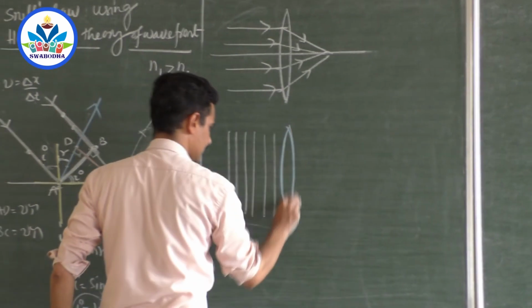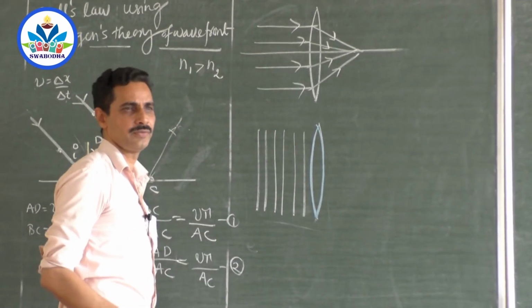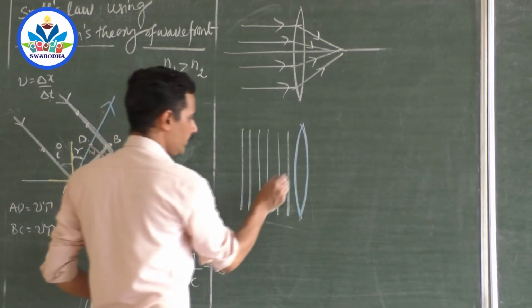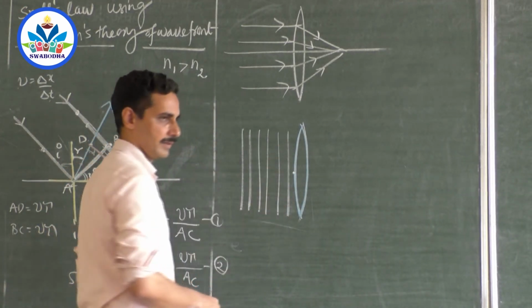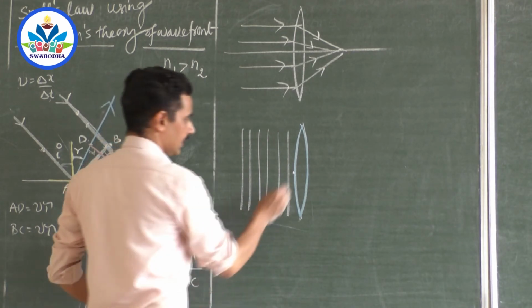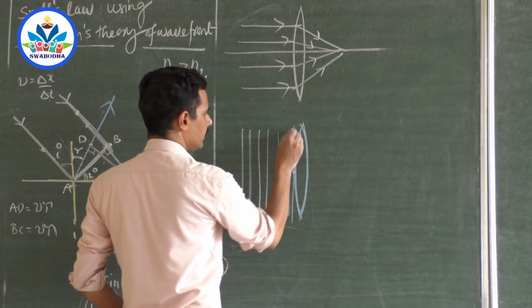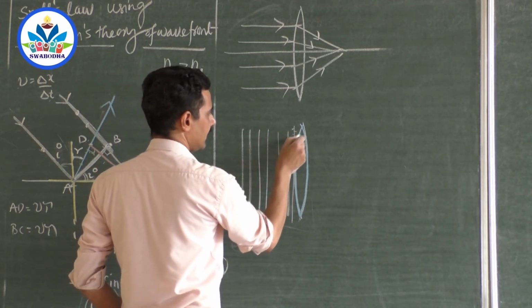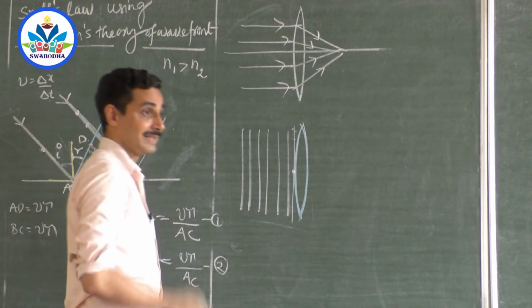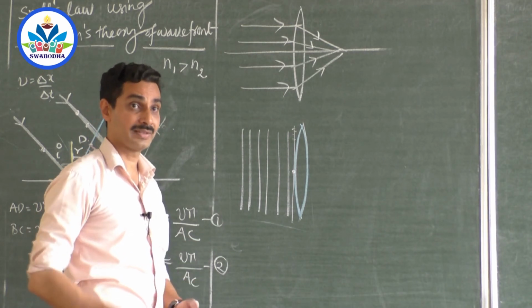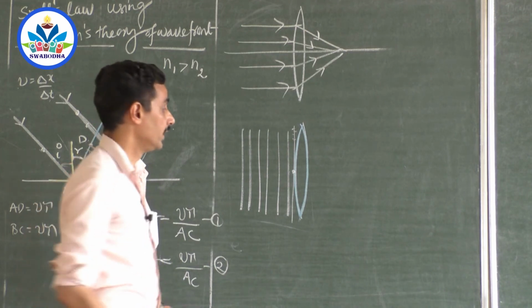In terms of rays, it is parallel; in terms of wavefront, it is plane. Some wavefronts hit the glass lens in the beginning, here. The wavefronts which are moving here will take a little later time to hit here. And the distance to be traveled inside the lens is different for different secondary wavefronts.